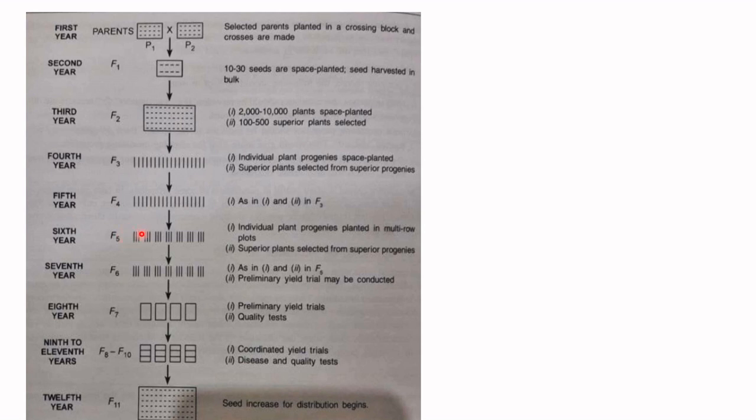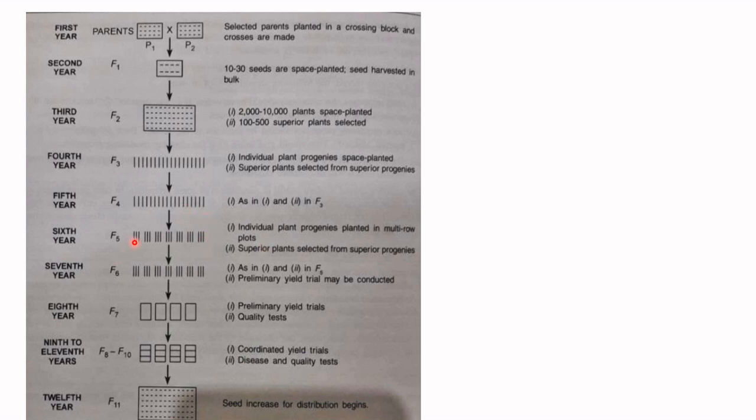Here, three row plots are given, which are grown from a single plant. If we select the first individual from the first row, and we grow these multiple rows, so we have a multiple row block, and second and third, the fourth or fifth individuals are going to be selected from each row.